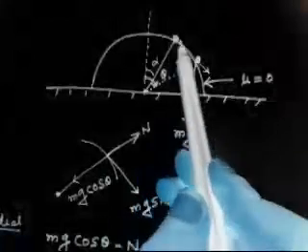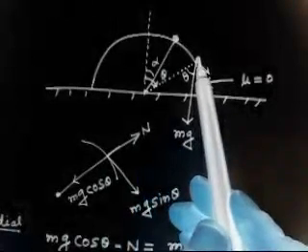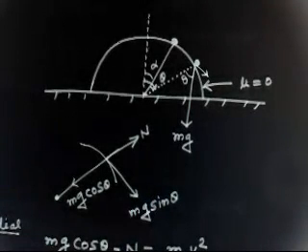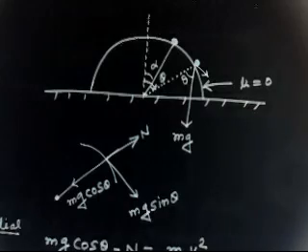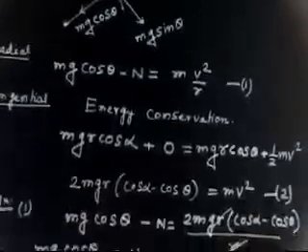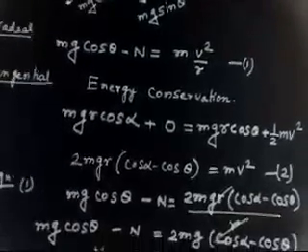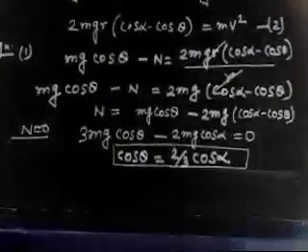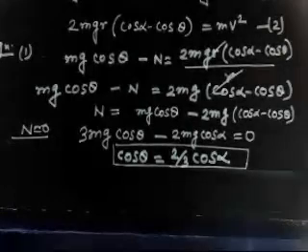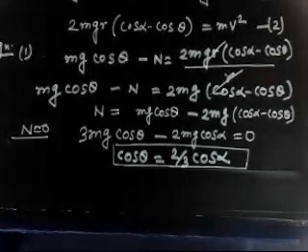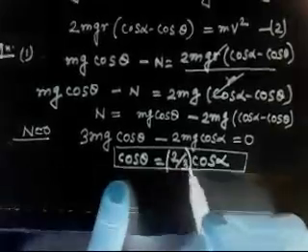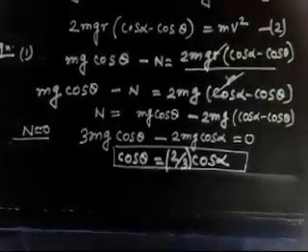So as this block comes this side, the normal reaction keeps decreasing. At one point of time the normal reaction becomes 0. At that point the object can leave the surface. So what is the condition on alpha and theta so that the object can leave the surface? Cos theta is given by 2 by 3 cos alpha. We'll discuss the next problem.